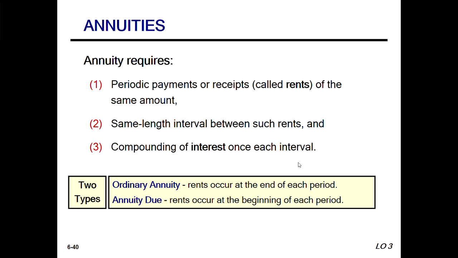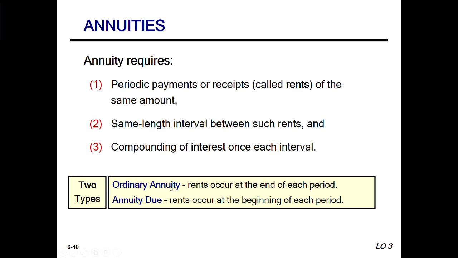They have to be equal intervals in between. And the interest has to compound during each interval. So there's no simple interest with regard to present value and future value of annuities. It's going to be compounded once each interval.